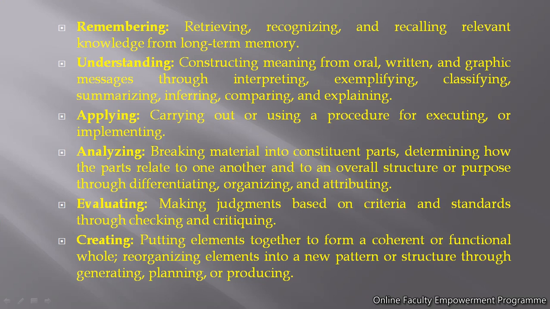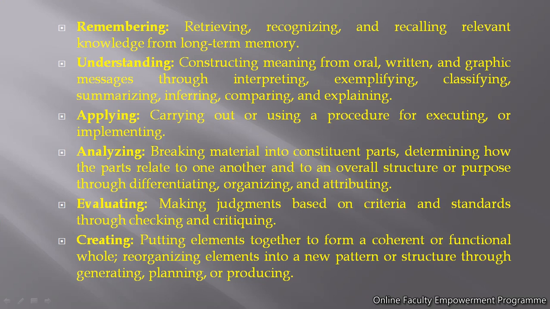In the remembering process, we are retrieving, recognizing, and recalling some information by using our brain. In the understanding process, classifying, interpreting, summarizing, inferring, comparing, and explaining come under the second level.